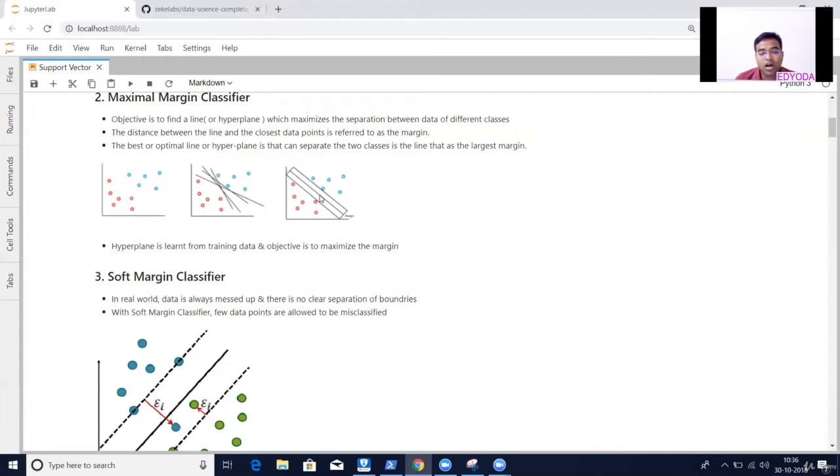In case of two-dimensional data, it will be a line. As the dimension increases, it will be a hyperplane. So this is the concept of the maximal margin classifier. How is it different from logistic regression? Logistic regression uses all the points to find the line.